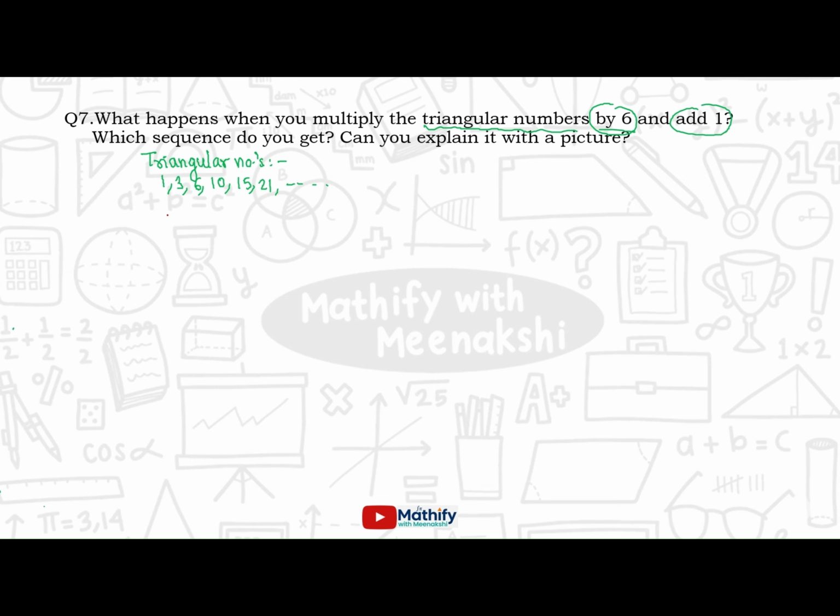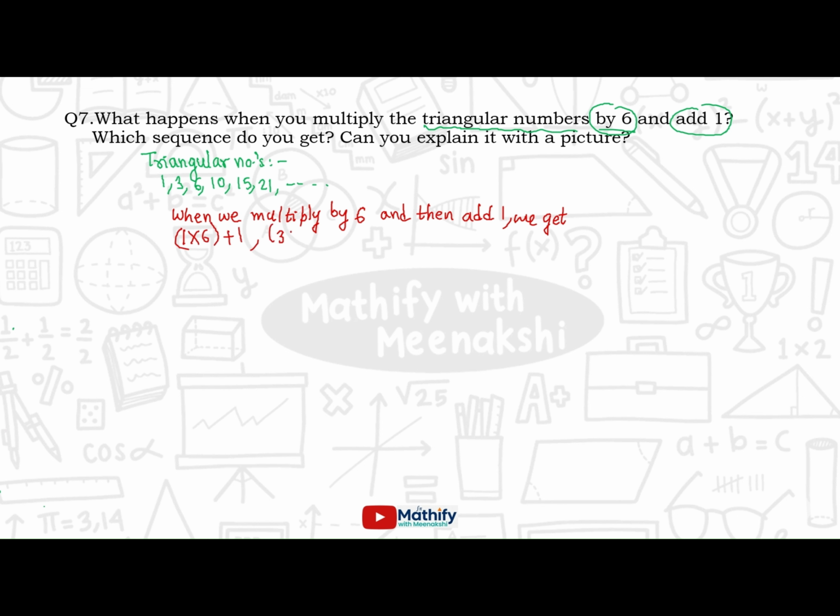Now we'll multiply by 6. So you will write, when we multiply by 6 and then add 1. You can even do that in the same step and then add 1. We'll get, let's write that, 1 into 6, but then you have to add 1.